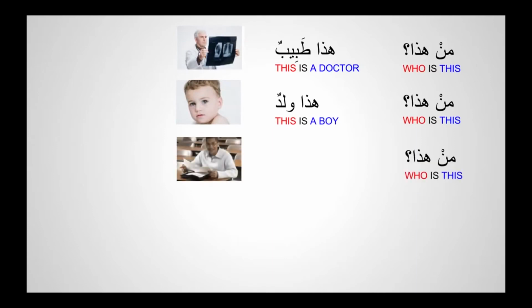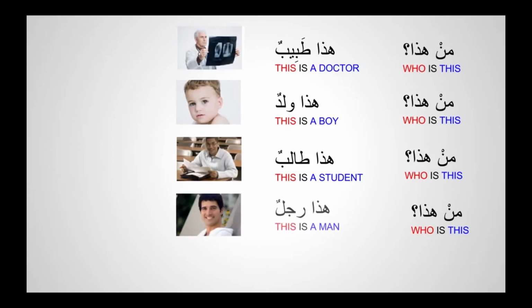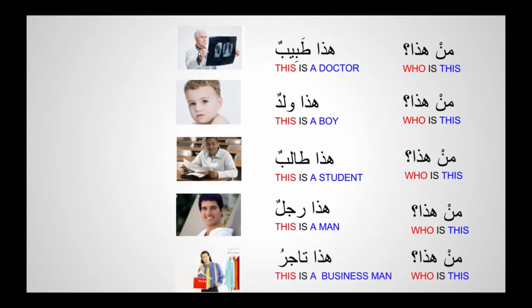Man hada, hada talibun, this is a student. Man hada, hada rajulun, this is a man. So, man hada, hada tajirun. So this is how we use man. So very easy, very simple, so you don't have to practice a lot.